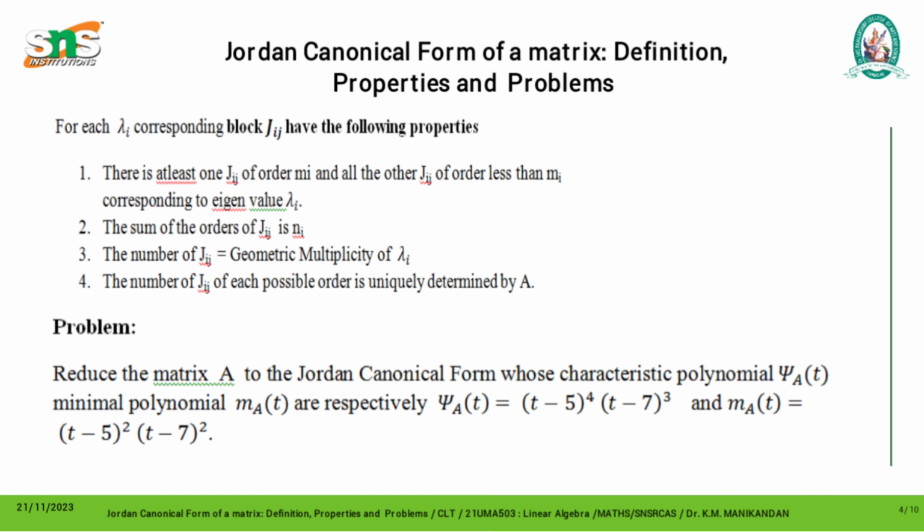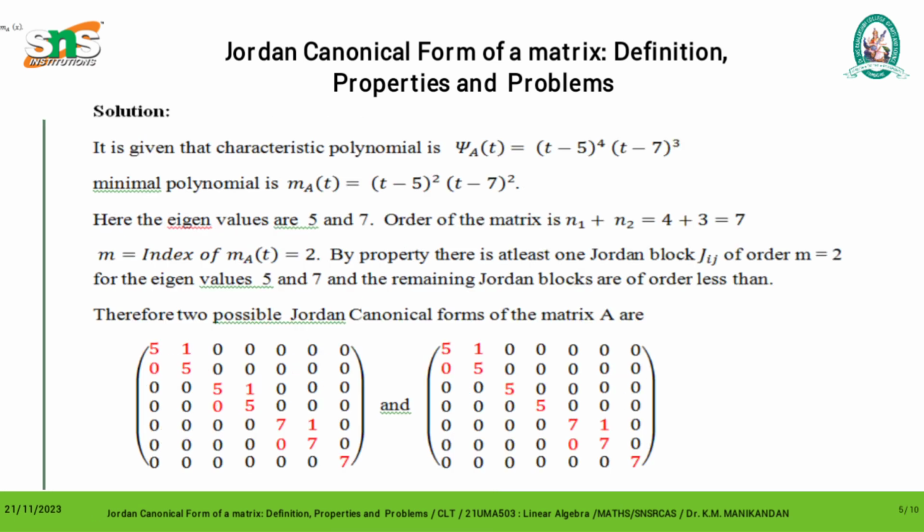Similarly, corresponding to the eigenvalue lambda equal to 7, there is one Jordan block of order 2. The remaining Jordan blocks are of order less than 2. Now, by keeping all these in mind, we construct the Jordan canonical form.